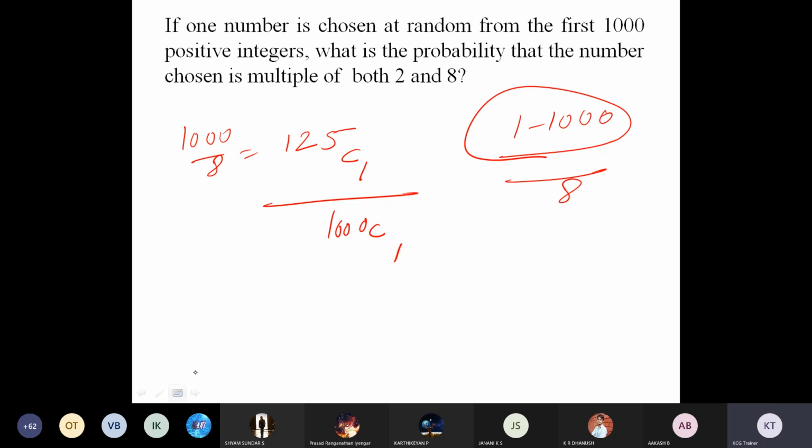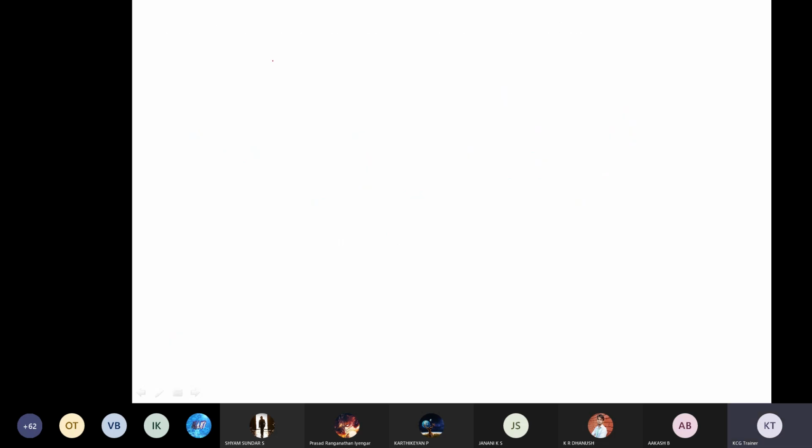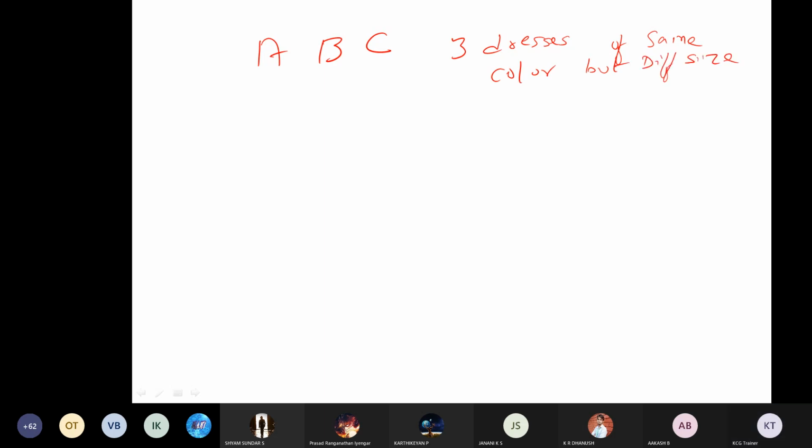I'll give you a question. Let me see how many people can answer this. A very interesting question, guys. A father has three daughters, A, B, C. He brought three dresses of the same color but different sizes.